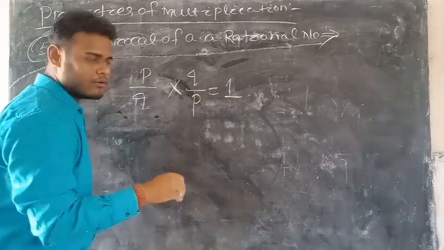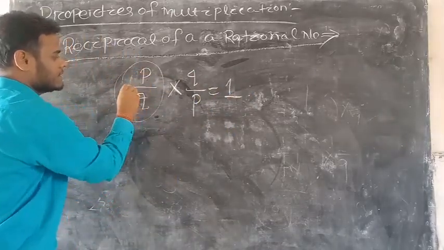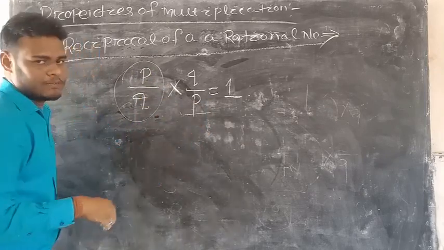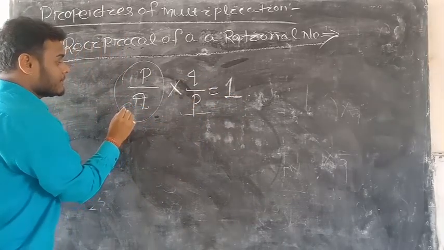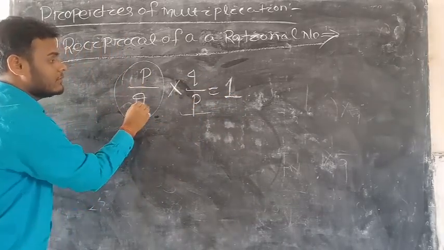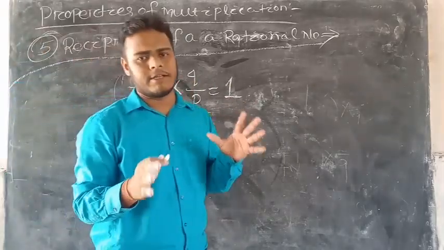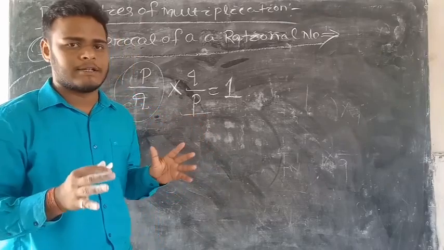So the reciprocal of P by Q is Q by P. You only have to alter the numerator and denominator from their original places.